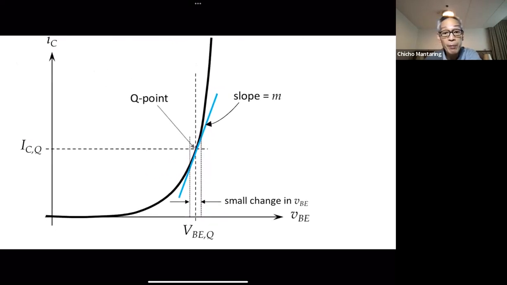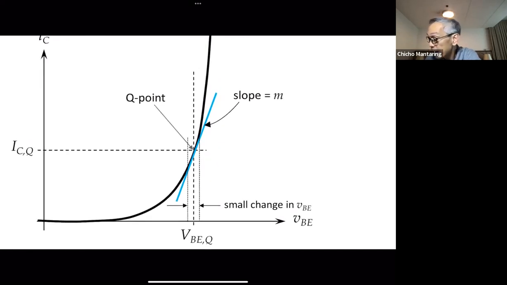Let me just blow this up a bit. Let us say that this is my input change. This is my small change in VBE. Okay, this is my Q point. What I am saying is the black curve, which is the actual characteristic, can be approximated by the blue curve, which is a straight line. Or the black curve can be considered to have a constant slope.